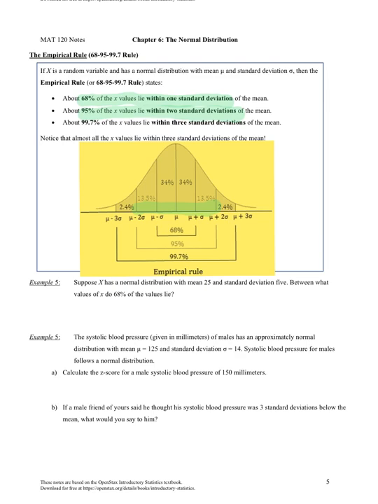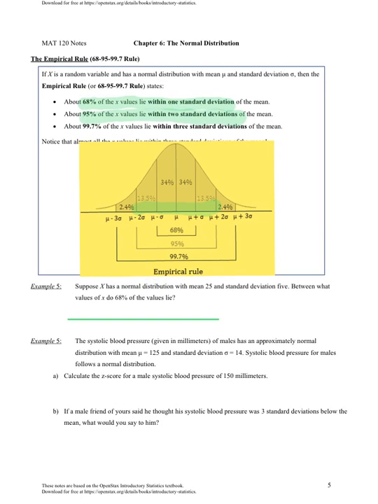If you consider our x-axis here, with a mean of 25 and a standard deviation of 5, if we go one standard deviation to the right of the mean, all we have to do is add 5 to our mean and we get 30.